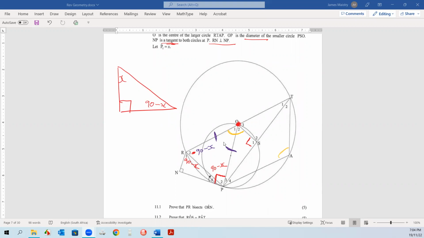So P2 and P3 are equal to 90 degrees. Well done. Angle in a semicircle. Yes, sir. And since P1 and P2 is 90 minus x, and P2 and P3 are 90, then P3 would be equal to x. Carry on. And because of that, Q2 would be 90 minus x.